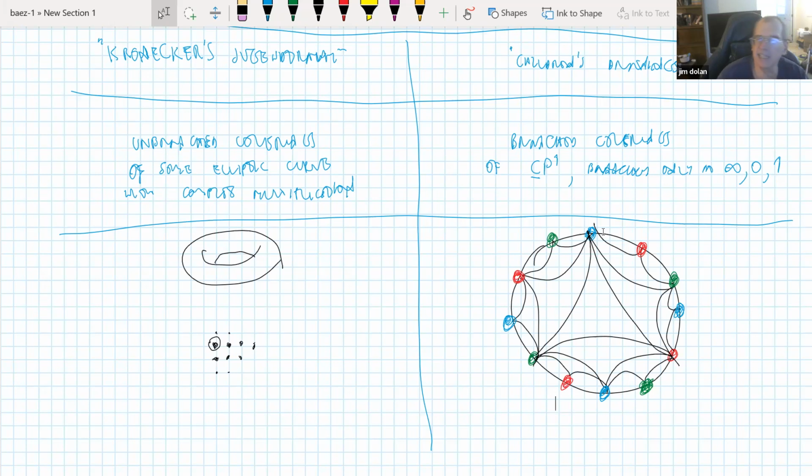That is contained in the absolute Galois group, but it's not contained in like the center or something like that. Am I saying this right? Am I getting subgroups and quotient groups mixed up here?